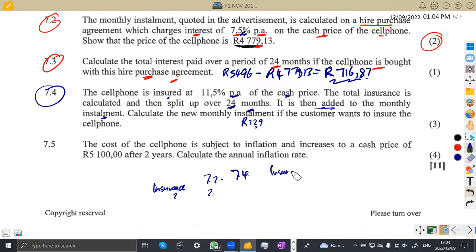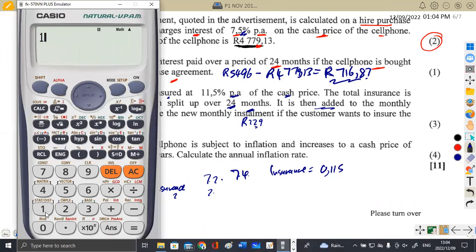So our insurance that we are going to be charged per month, remember we are given it's 11.5% per annum. 11.5%, that's 11.5 over 100, which is 0.115. Or you can just divide on your calculator, 11.5 divided by 100.